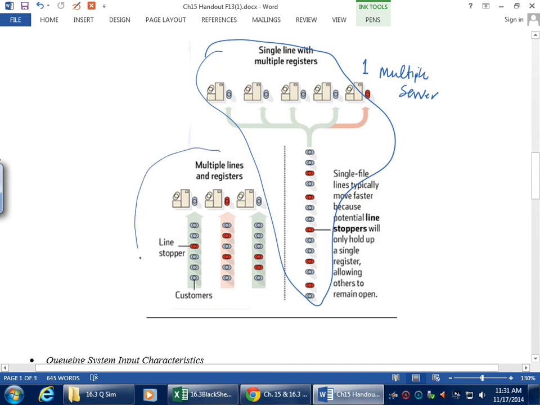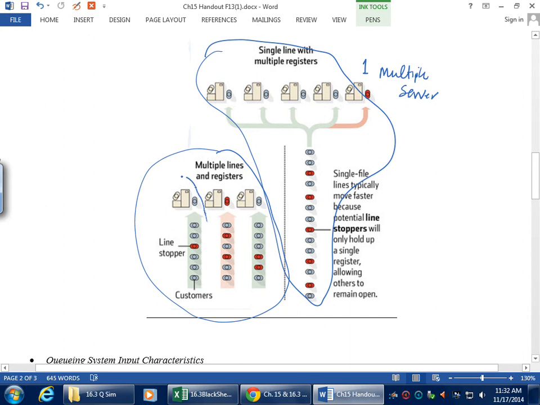Now would you say this is a multiple server system as well? Looks like there's 3, more than 1. So is this multiple server like over here? But the trick is that each system should have 1 line. So you have to look: here's a system, here's another one, here's another one.